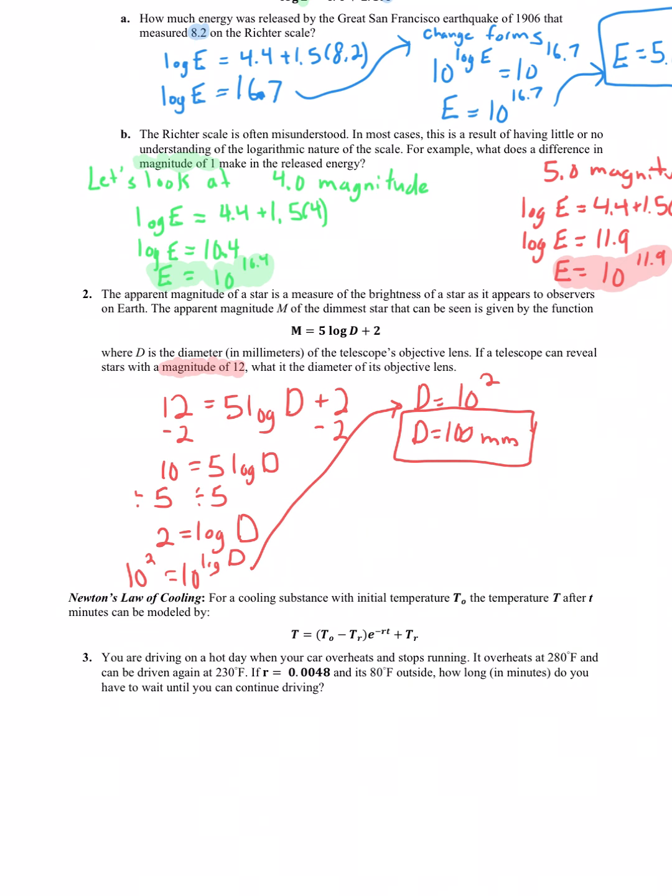Which means, putting it back in a real life context for this problem, that the star is measured at 100 millimeters in diameter when viewed through the lens.